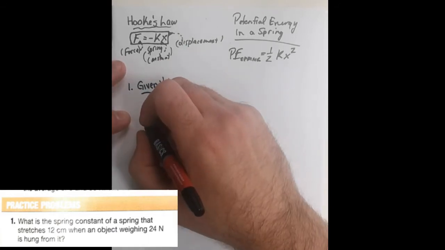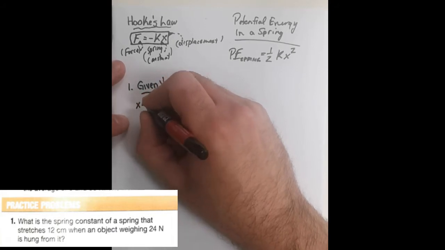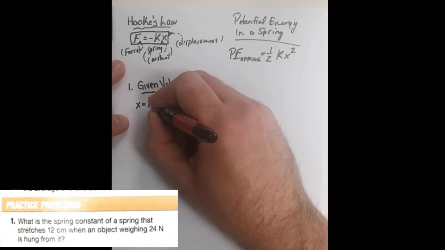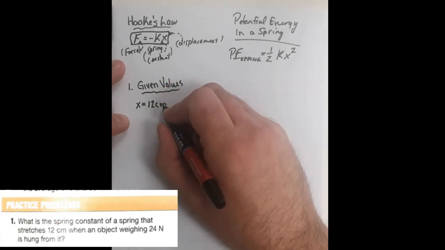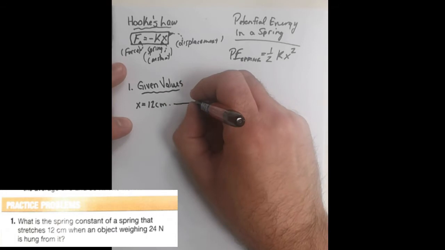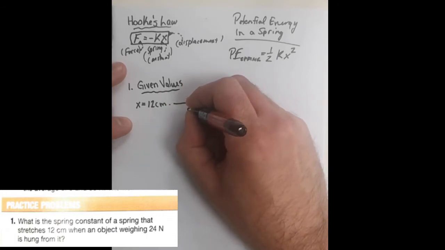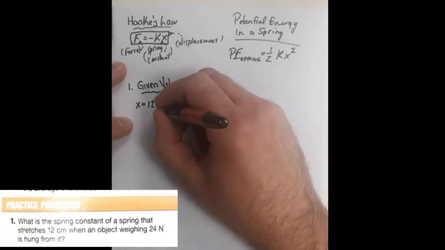The first thing we're given is the displacement, 12 centimeters. Now what we'll notice is that 12 centimeters doesn't jive with the spring constant we're familiar with. That requires meters. So if we want to convert this into meters from centimeters, 1 meter is 100 centimeters.